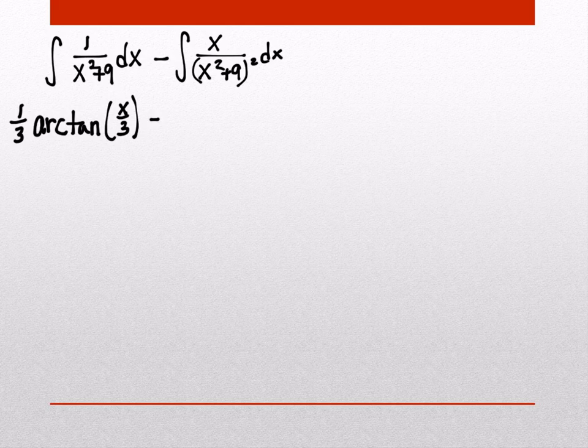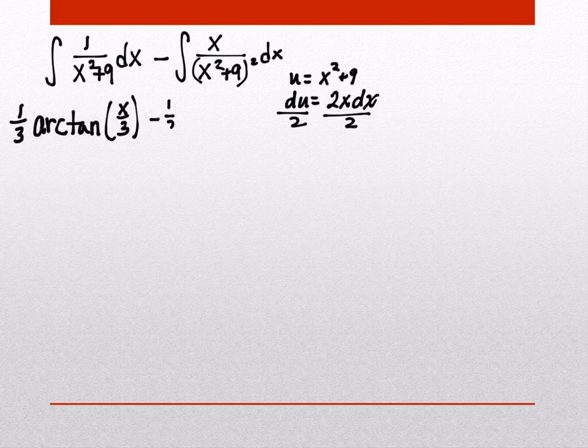All right, the second piece, what will u be? X squared plus 9, so what is du? 2x dx. I don't have a 2, so I'm going to have to divide by it, right? So I've got a negative 1/2 in front times the integral of 1 over u squared du. Still no natural logs, right?